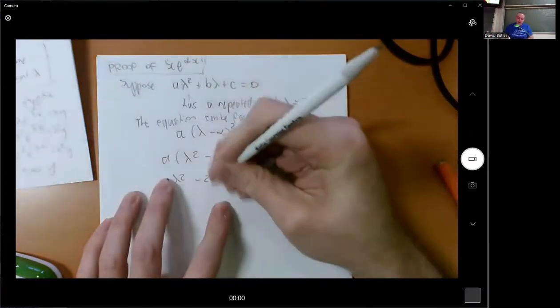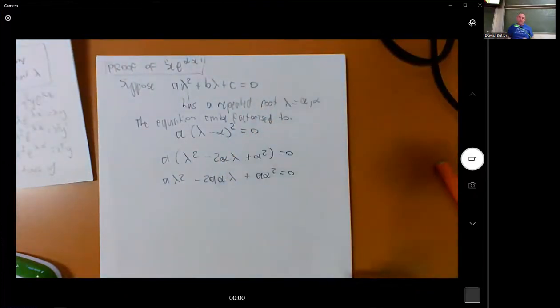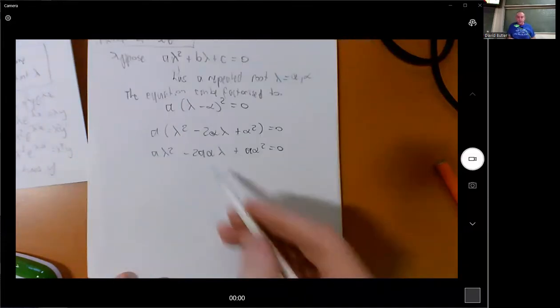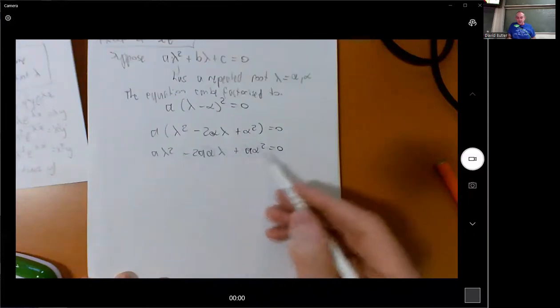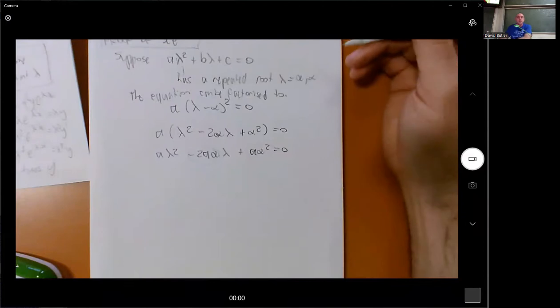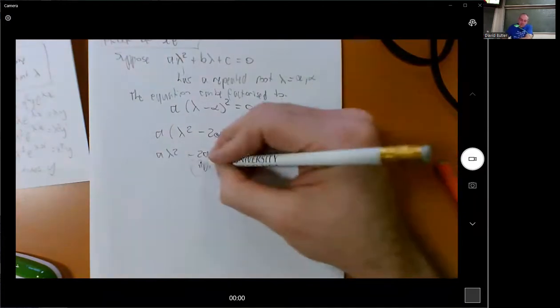I'm going to get annoyed with that, and I'm going to put the a first. That's better. It's the same thing, but I just feel better about it. Okay, so the b is this number, and the c is this number. This is what I'm thinking.